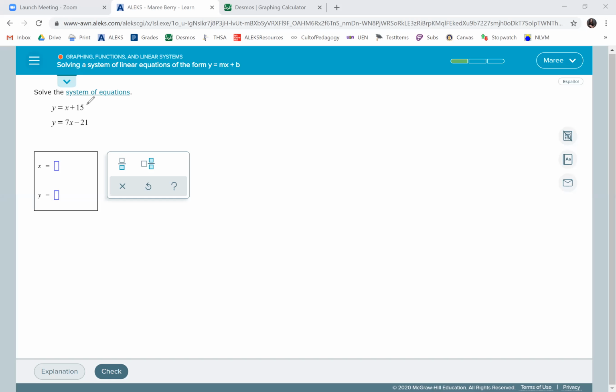and I'm going to set these two amounts equal to each other. I have x plus 15 equals 7x minus 21. Now, since there are x's on both sides, I'm going to have to subtract. I'm going to subtract this x from here. This goes to 0, and I have 15 equals 6x minus 21.